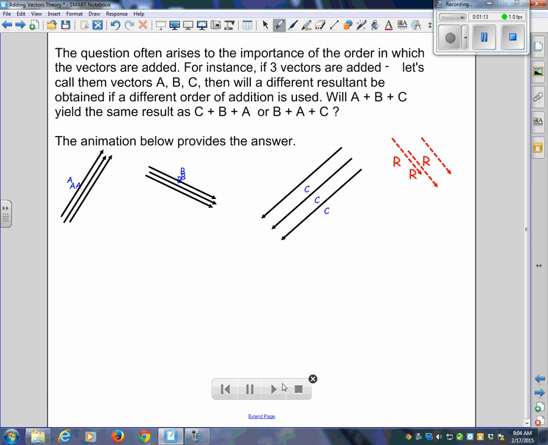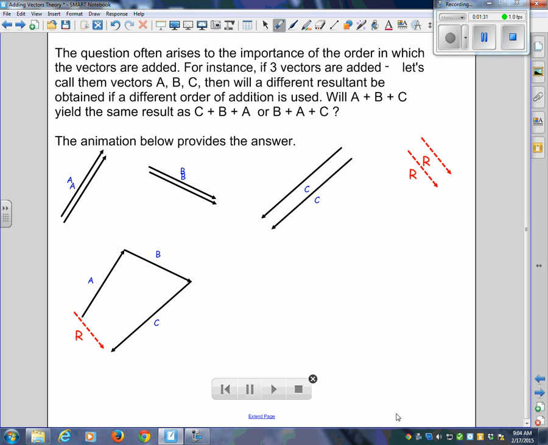Does the order matter? I didn't show you this, and because I spent so much time animating it, I'm going to show it to you now, so I don't waste my time. Watch this. See? This is cool. A, B, C. Where's the resultant? Right there. Now what if I put them in order of B plus A plus C?